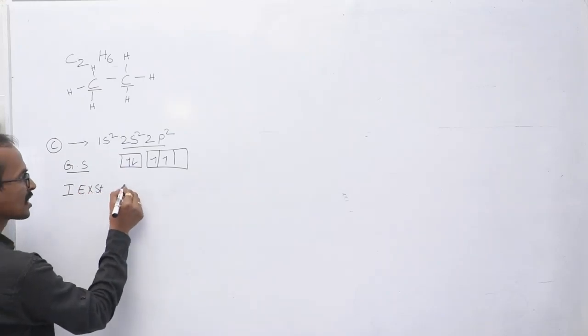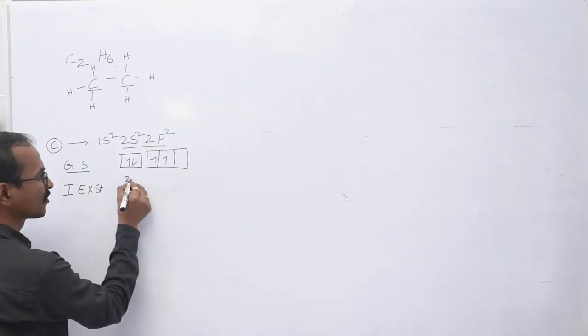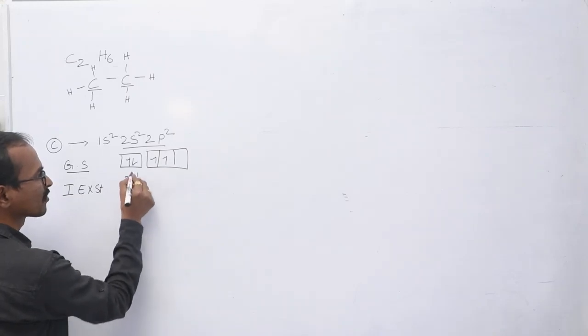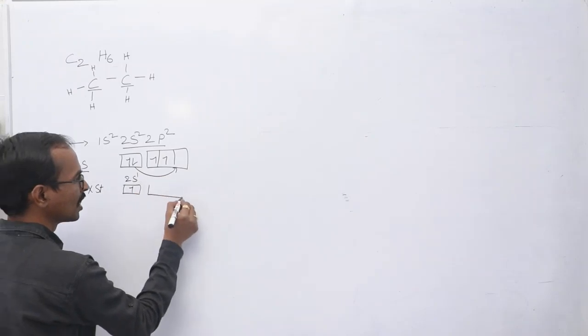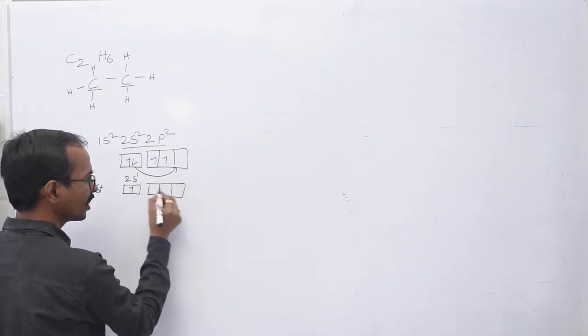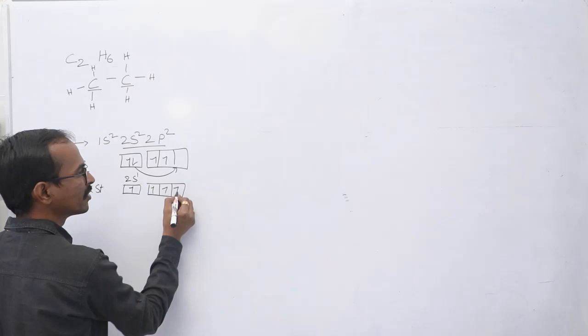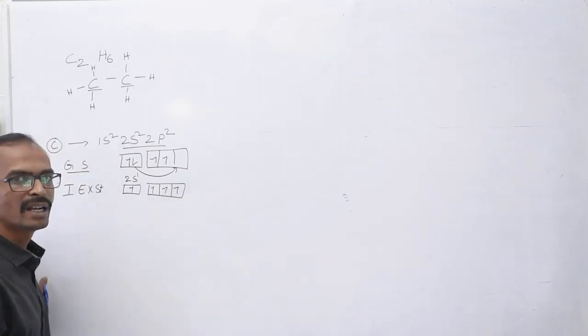The first excited state electronic configuration will be 2s1. One of the electrons present in the 2s orbital is excited to the 2p orbital, and thereby in the 2p orbital we get 3 unpaired electrons.